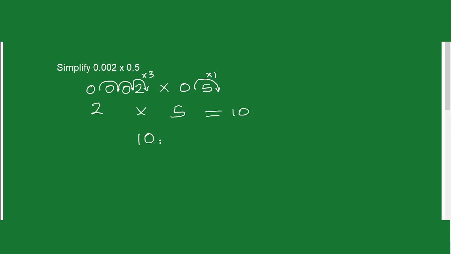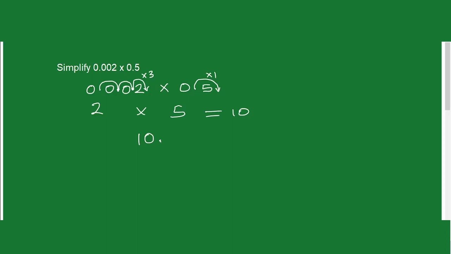So I want to move my decimal point back into the position after the multiplication. I want to move my decimal point from this place back by the number of times I moved it: 3 plus 1, which is 4 times.